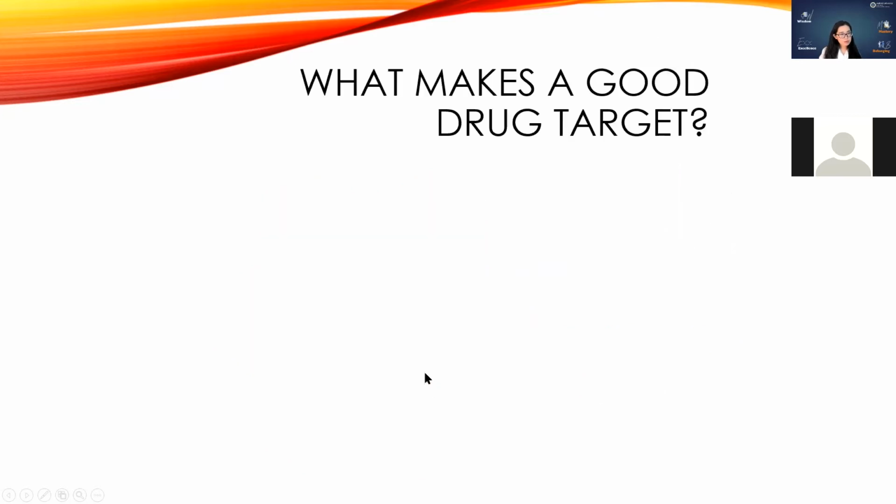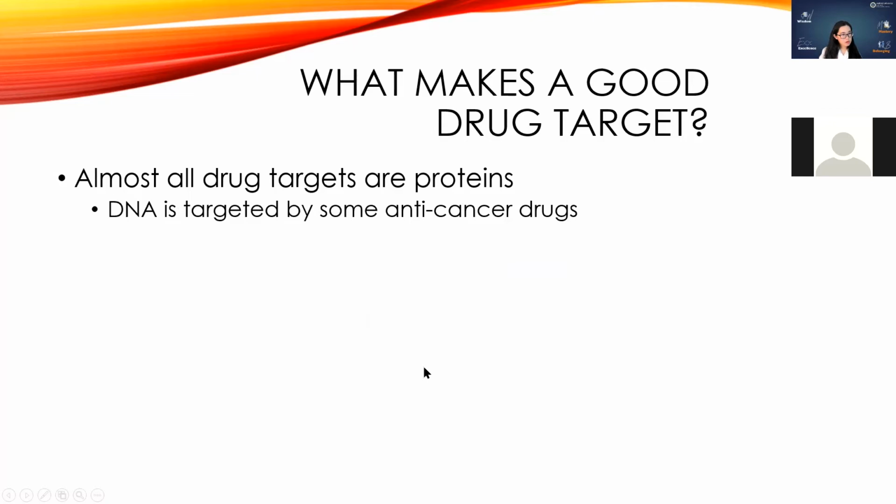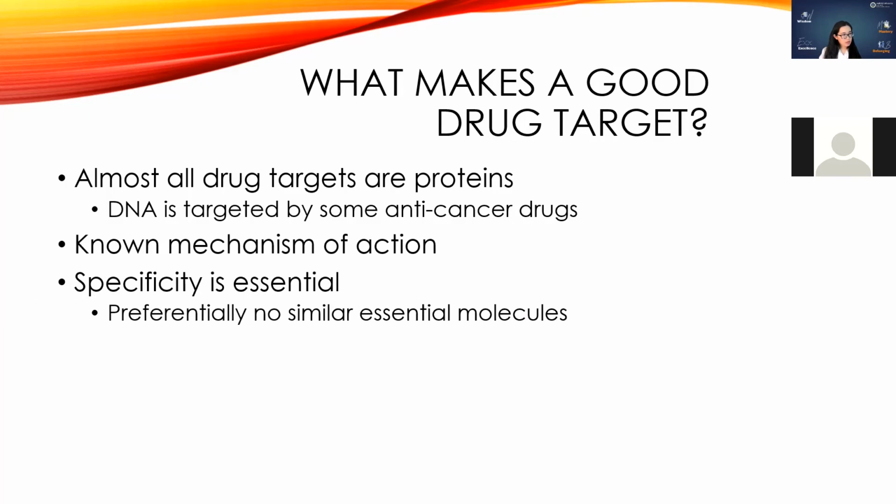So what makes a good drug target? Almost all drug targets are proteins. DNA is targeted by some anti-cancer drugs, but not very often. It should have a known mechanism of action. And specificity is also very essential.